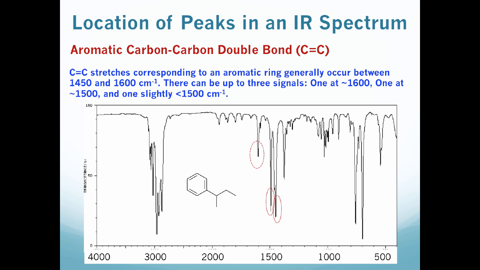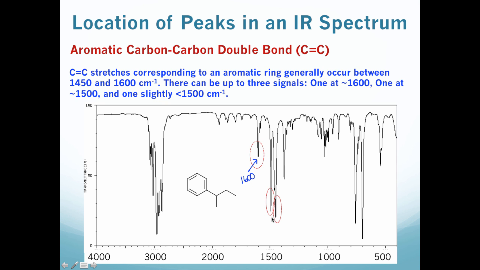We can also identify aromatic carbon-carbon double bonds pretty easily in an IR spectrum. The aromatic carbon-carbon double bonds are somewhat special, so they show up generally at 3 different regions, although you may not always see all 3 signals. But if you have an aromatic ring, these carbon-carbon double bonds will generally show up one right around 1600 wave numbers.